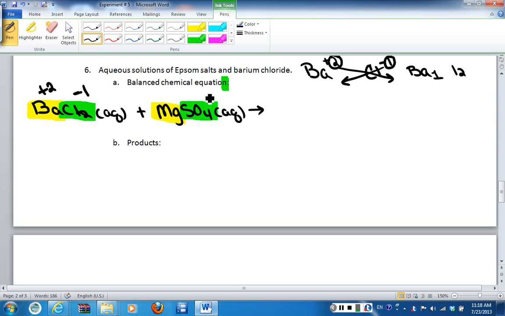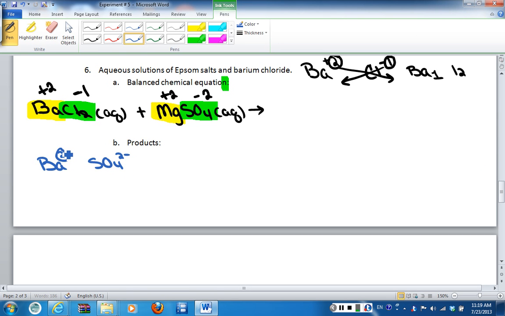It has a -2 charge. And in order for the overall compound to have a 0 charge, we know that magnesium has to be +2. So if we swap these, we take barium 2+ and compare it to sulfate 2-.